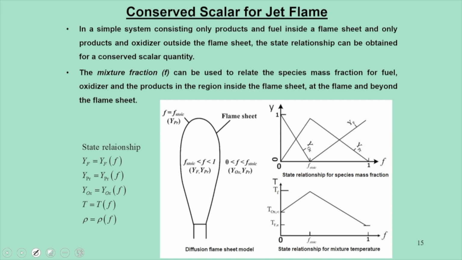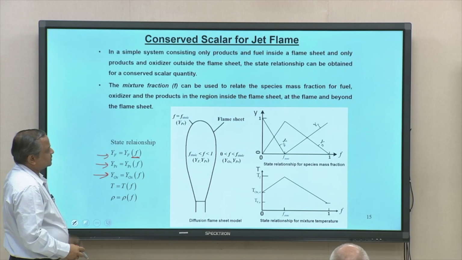So for each case, fuel has its mass fraction, products will have their mass fraction, oxidizer will have its mass fraction, and this is nothing but a function of F. F is called the mixture fraction, which is correlated to the species mass fractions of fuel, oxidizer, and products.